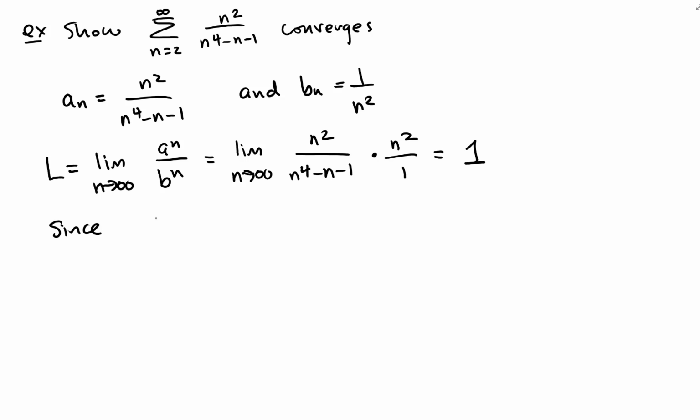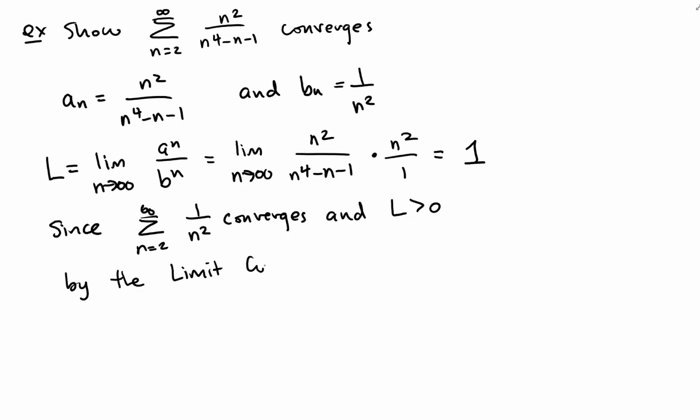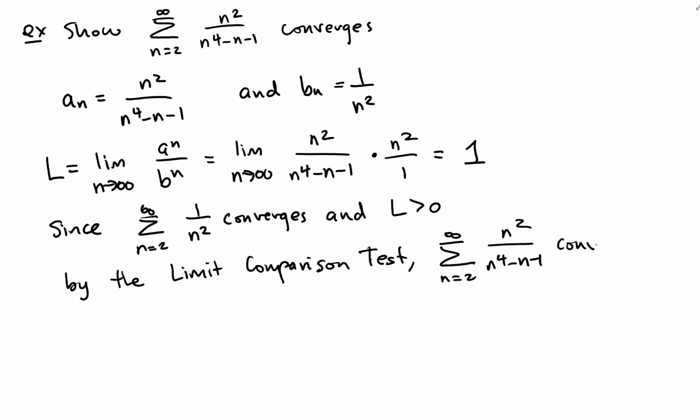And therefore, since the infinite series 1 over n squared, this b sub n, this one converges, and our limit was bigger than 0, by the limit comparison test, our series from n equals 2 to infinity of n squared over n to the 4 minus n minus 1 converges.